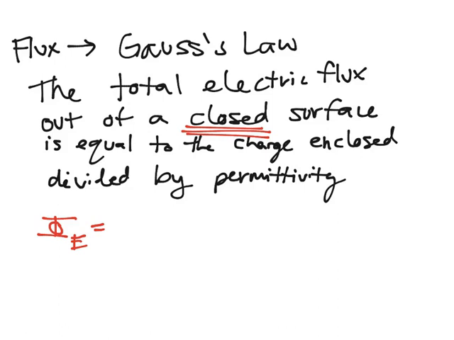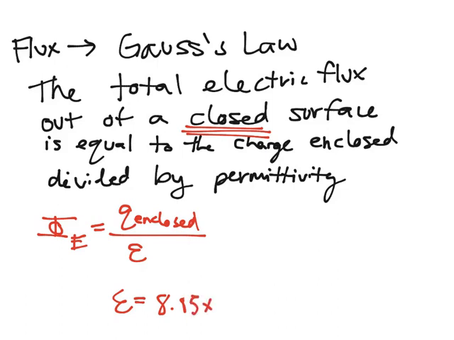So this is when there is a charge inside of a surface, divided by the permittivity, which is epsilon, the Greek letter E. Alright. Epsilon is just like K, it's another number, which is 8.85 times 10 to the negative 12th.